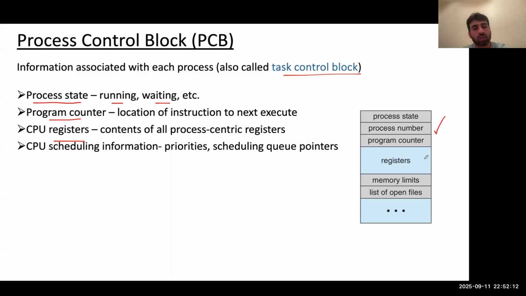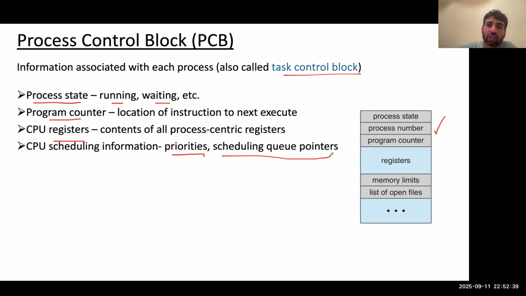And other CPU scheduling information. For example, if we are using priority based scheduling, then what priority was assigned to that process, and at the time when it was interrupted or moved out of the running state, which priority queue, which scheduling queue it was belonging to.